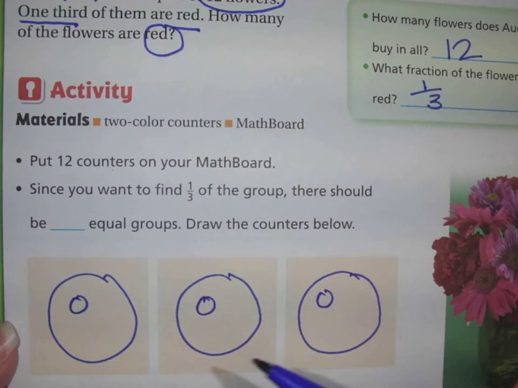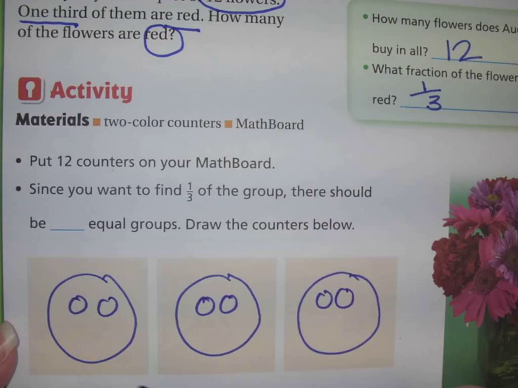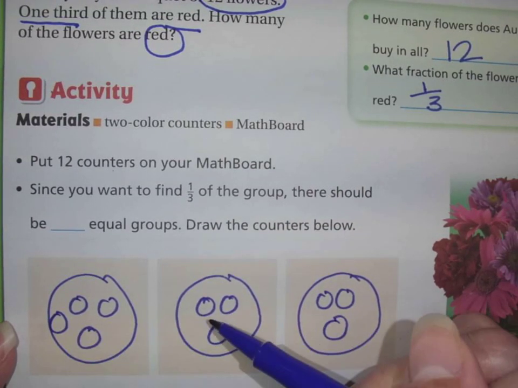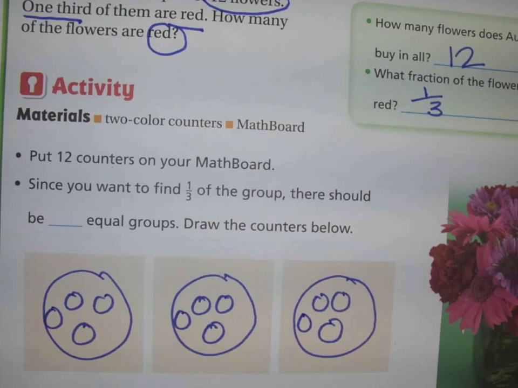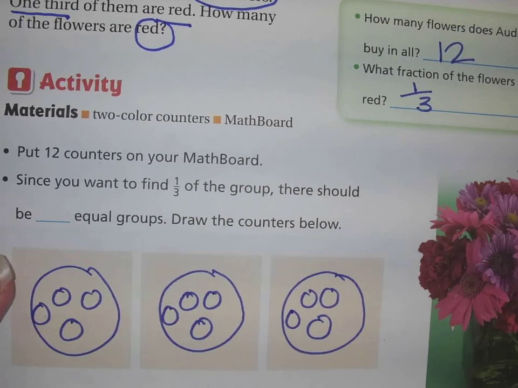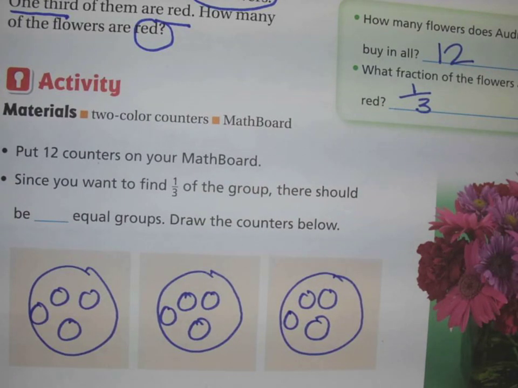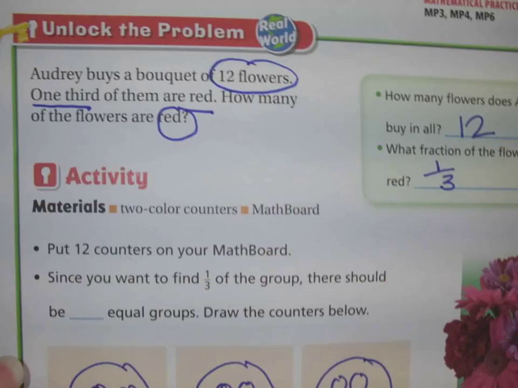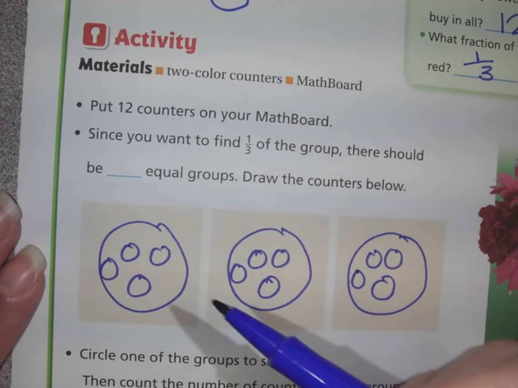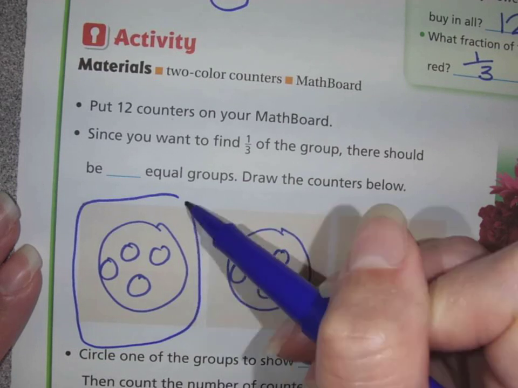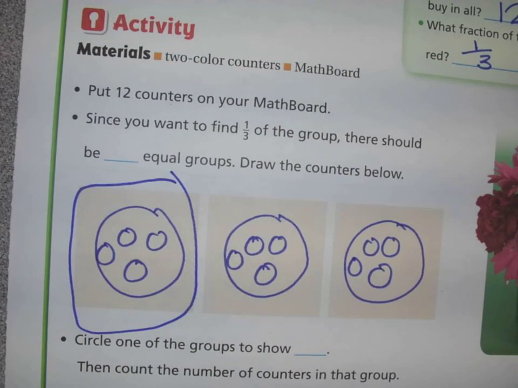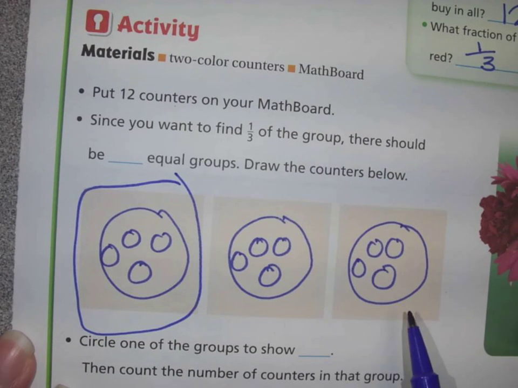1, 2, 3, 4, 5, 6. It should be 3, right? 7, 8, 9, not 3, 4, 10, 11, 12. So what I did, I took Audrey's 12 flowers, divided them into 3 groups, and we need to figure out what fraction of the flowers are red. 1/3, the word problem said 1/3 of them are red. So I'm going to circle this one group, because it's one group out of the 3.